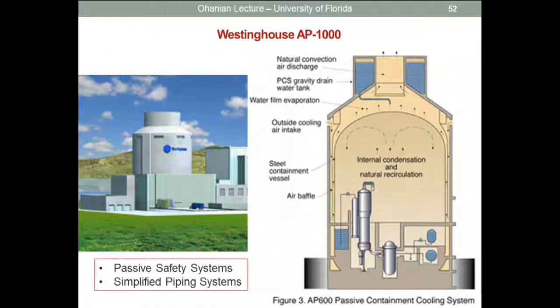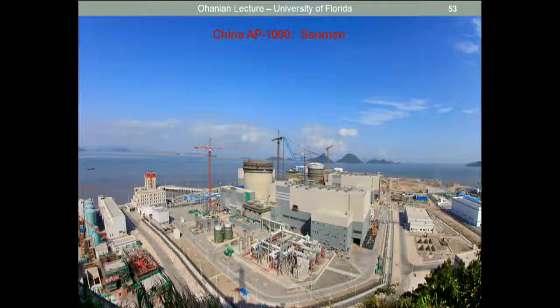Westinghouse AP1000 reactors are a much simpler reactor than the EPR, and that's one of the problems with EPR. They opted for active, redundant safety systems. That adds construction complexity. It adds piping, it adds electrical. The Westinghouse AP1000 system goes in another direction for passive safety to get around some of those problems. And we're seeing now, we're very near completion in China of the first of the AP1000 units.